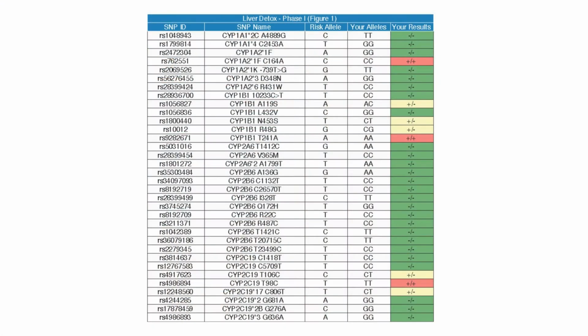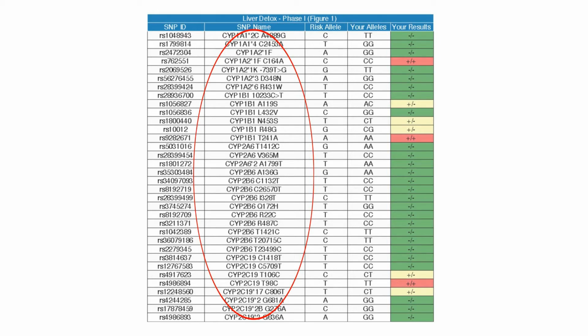So when we look at the SNP report here, you can see the first column is RS numbers, and the RS number represents the highest level of detail on exactly what type of SNP we're dealing with. The next column represents the SNP name, and in this case you can see that there is an entire page, in fact 2, on CYP, which is cytochrome P450.